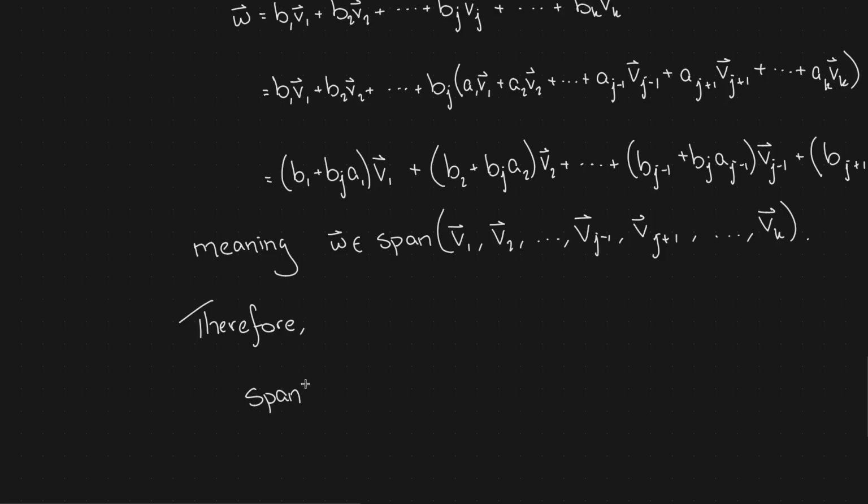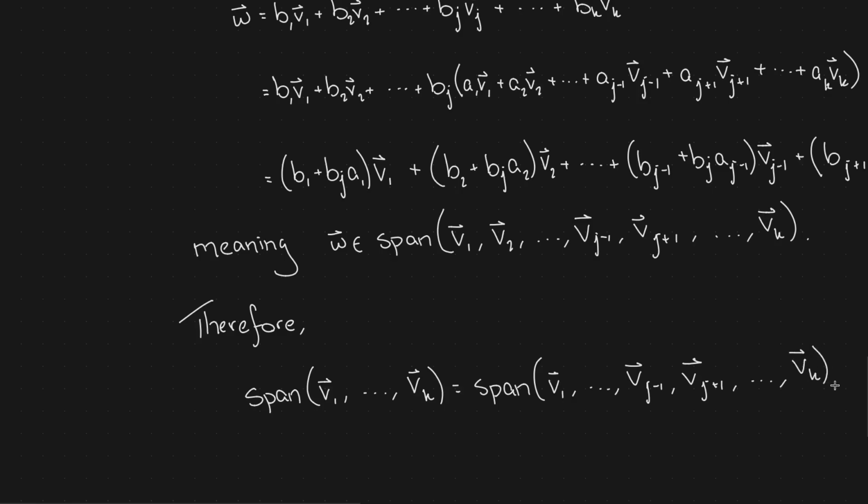Therefore, the span of all the vectors is equal to the span of the vectors with the jth vector missing, meaning that the jth vector is redundant.